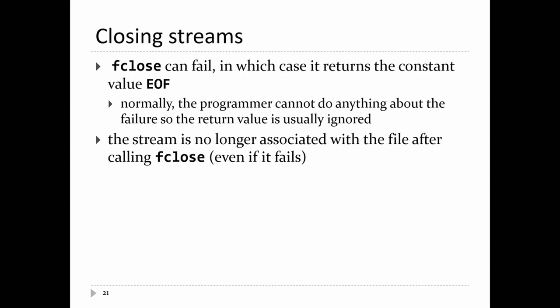This is an operating system level issue. So normally no one checks the return value of fclose. If you call fclose, then the stream that's associated with the file is no longer accessible, even if it fails. So if it fails, you can't do anything about the stream anyway, right? So normally the return value is not tested for anything.